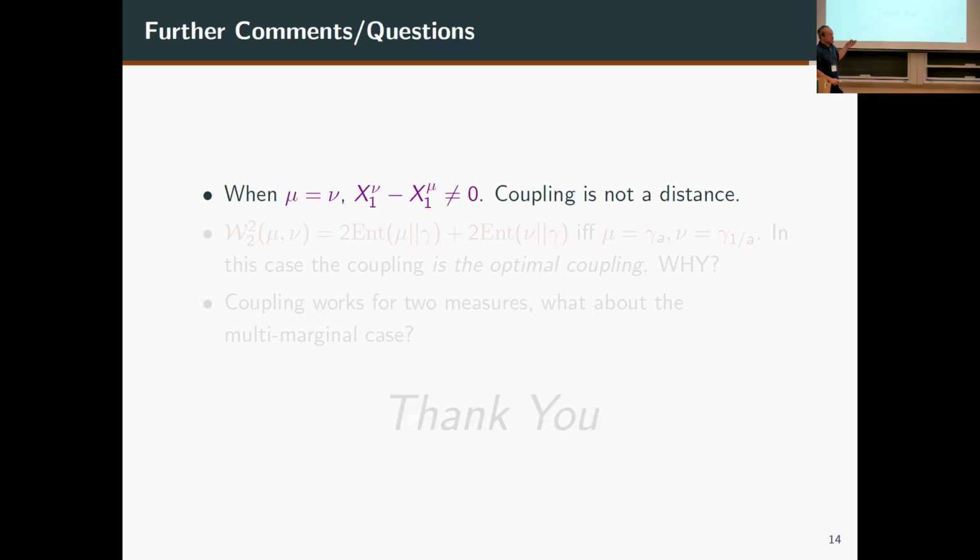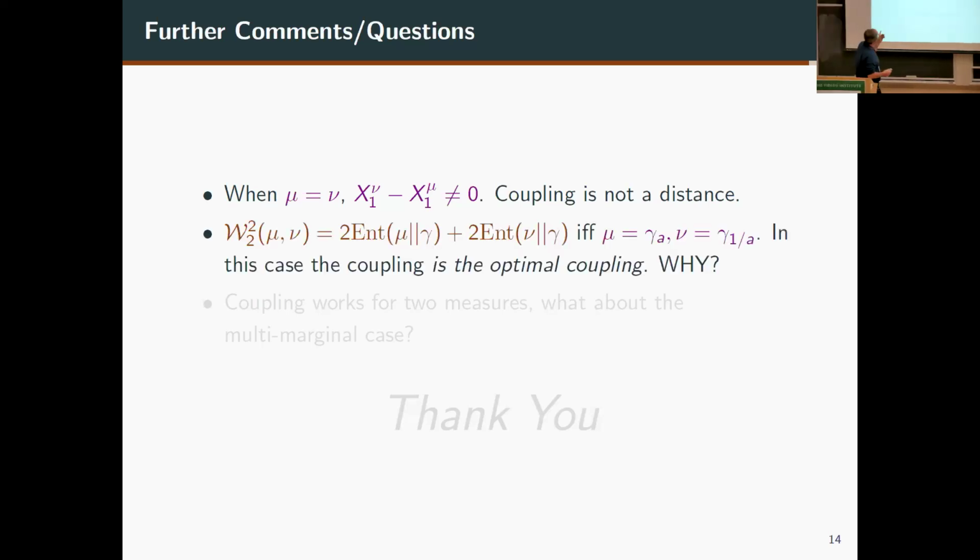So it's not a distance, but it turns out that in the symmetrized Talagrand inequality, there are some non-trivial equality cases. The only equality cases are Gaussians which have compatible variances. So you want to have a Gaussian with variance A for mu and a Gaussian with variance 1 over A for nu.